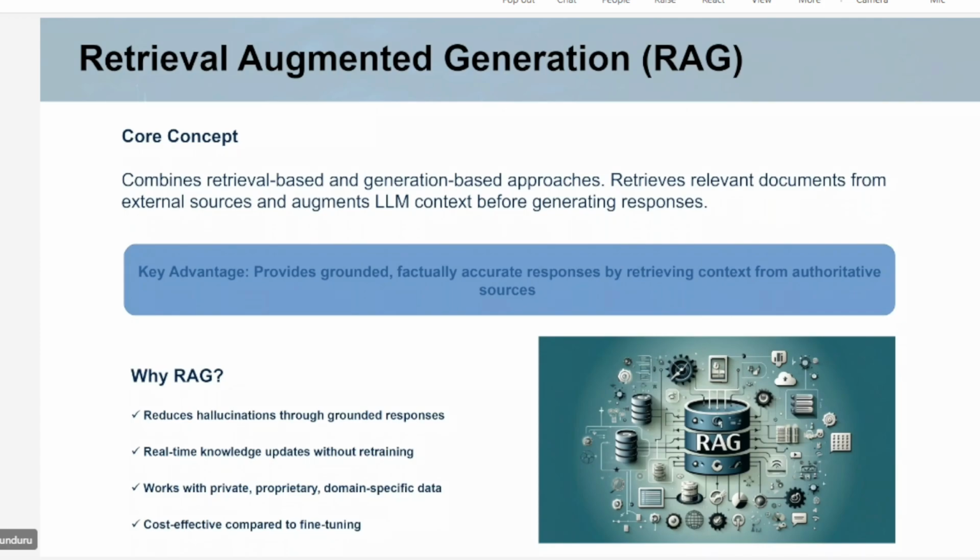If we are using public LLMs, it may not be appropriate to share private data with a third-party organization, and there will be a risk of compromising data. So it is cost-effective compared to fine-tuning.